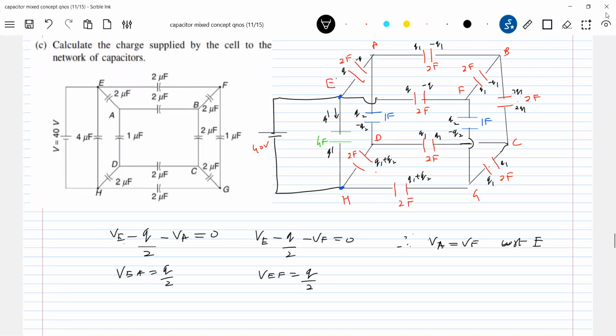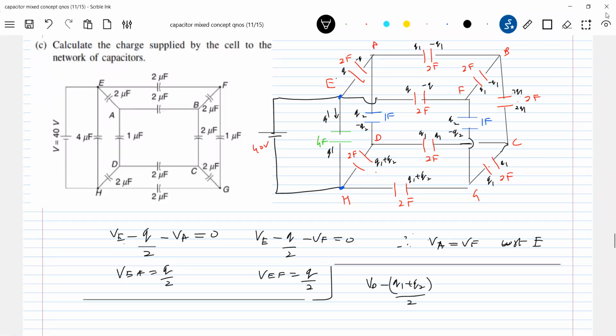Similarly, look at the VD and VG. So one more loop equation. VD minus Q1 plus Q2 by 2 minus VH equals 0.